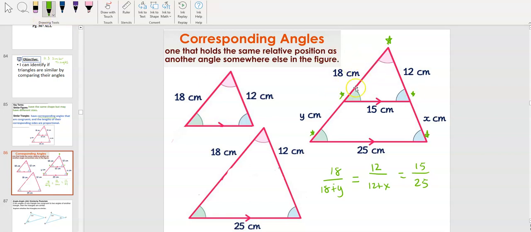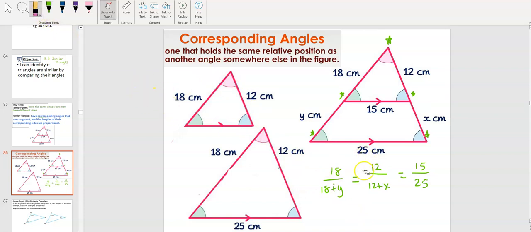So this 18 centimeters is corresponding to the whole side here on the left because it's the side between the pink and the green angles on both triangles. Same here. 12 plus x is corresponding to just the 12 here on the little triangle because it's between the pink and blue corners of our triangle. Okay, so that's kind of how we know if they're similar.